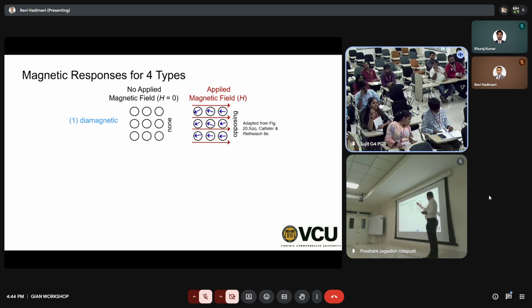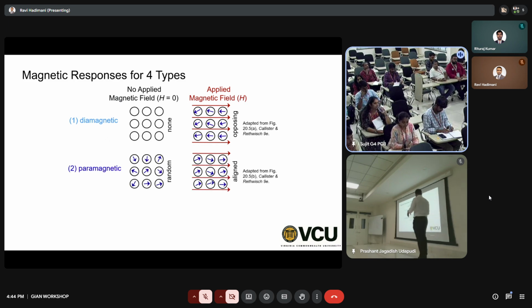If the magnetic field is applied in one direction, the spins will orient in the opposite direction. If there is no magnetic field, they don't have a direction, they're just spinning around. But if you apply a magnetic field, they align themselves to oppose the applied magnetic field. That's diamagnetism. So that's why the magnetization will be negative for these materials when you apply a magnetic field. It will be 0 at no applied magnetic field, but if you apply a magnetic field, the magnetization becomes negative.